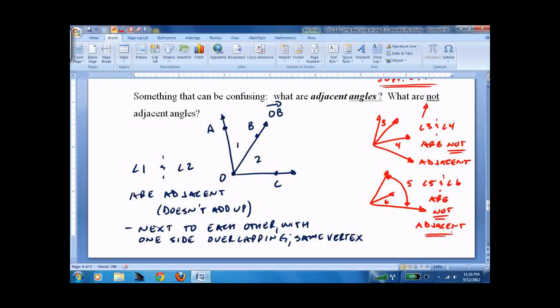So this just takes a little practice, not that challenging. Just make sure you know what adjacent angles are.